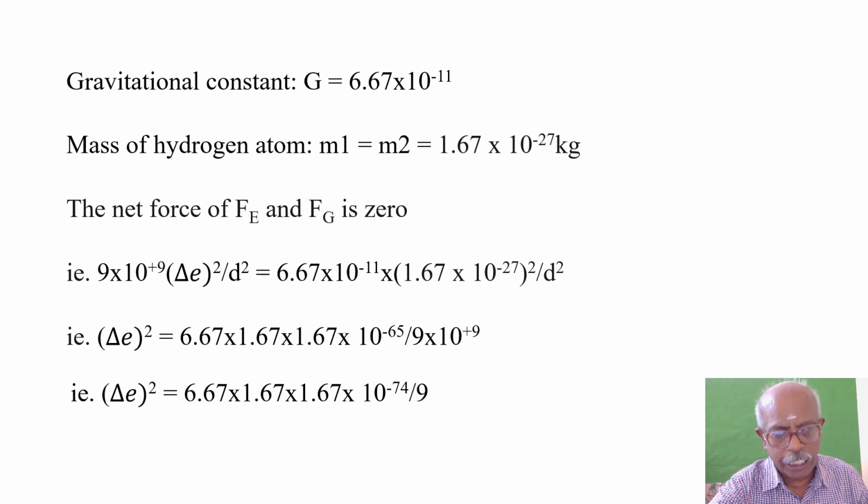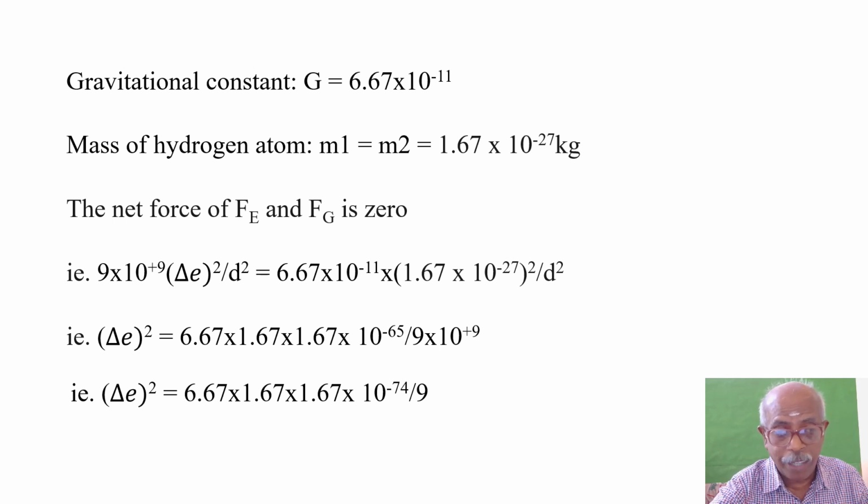So delta e square is equal to what? You put the 9 into 10 power plus 9 to the other side, that is 1 by 4 pi epsilon naught, so it goes to the denominator. So delta e the whole square is equal to 6.67 into 10 power minus 11 into 1.67 into 1.67 into 10 power minus 27 the whole square.